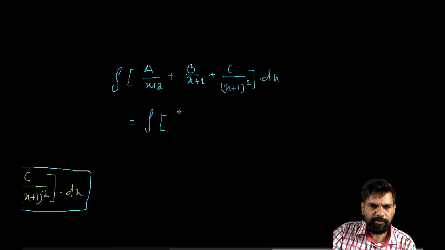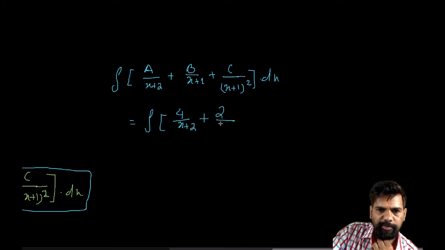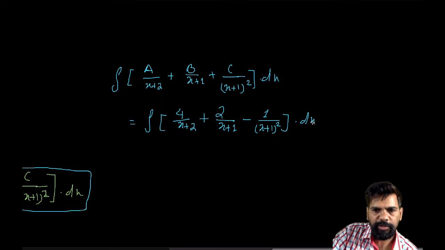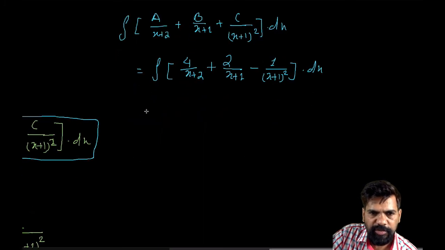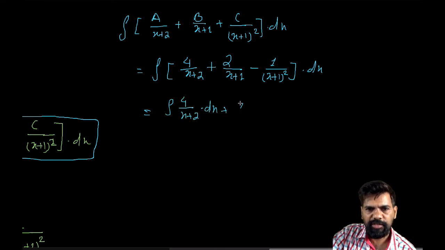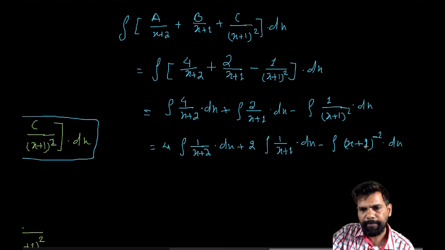That is 4 over x plus 2 plus 2 over x plus 1 minus 1 over (x plus 1) whole square. Now use the distributive property. That means we give the integration to all these terms. That is integration of 4 over x plus 2 dx plus integration of 2 over x plus 1 dx minus integration of 1 over (x plus 1) whole square dx.